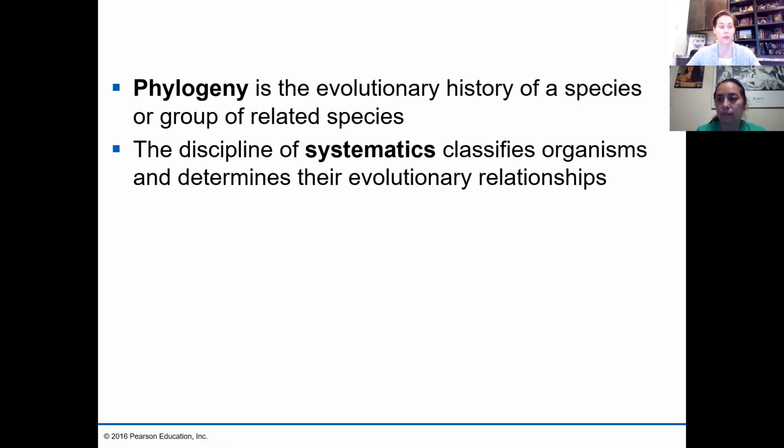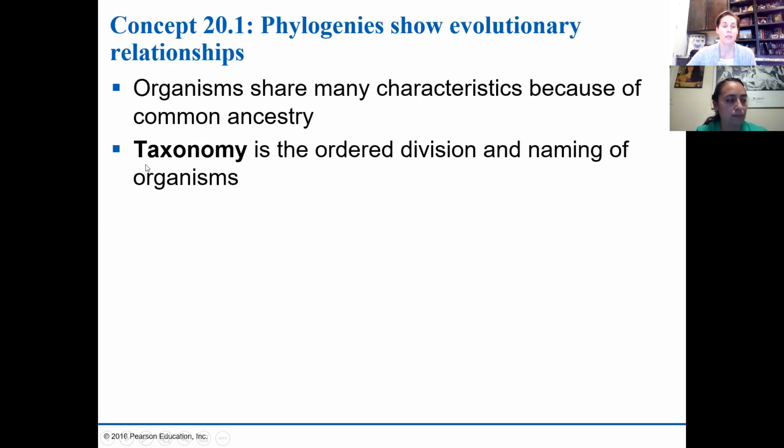And it's always because of a common ancestor. And then systematics is classifying those organisms to determine their evolutionary relationships. Taxonomy is what humans do because we like to organize things. And so taxonomy is the term that we use to organize things and name those different organisms.